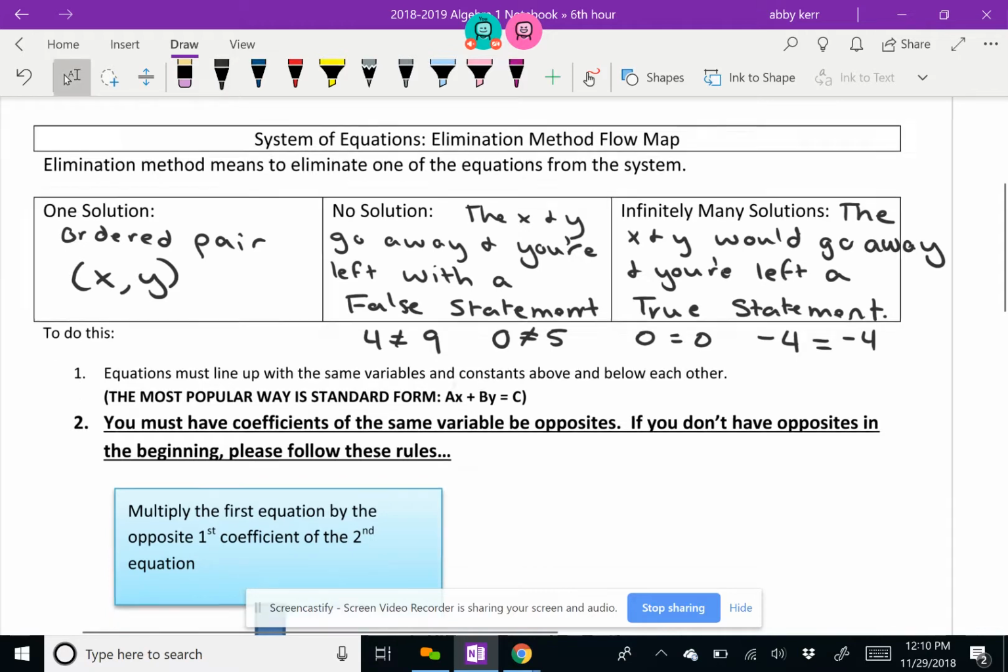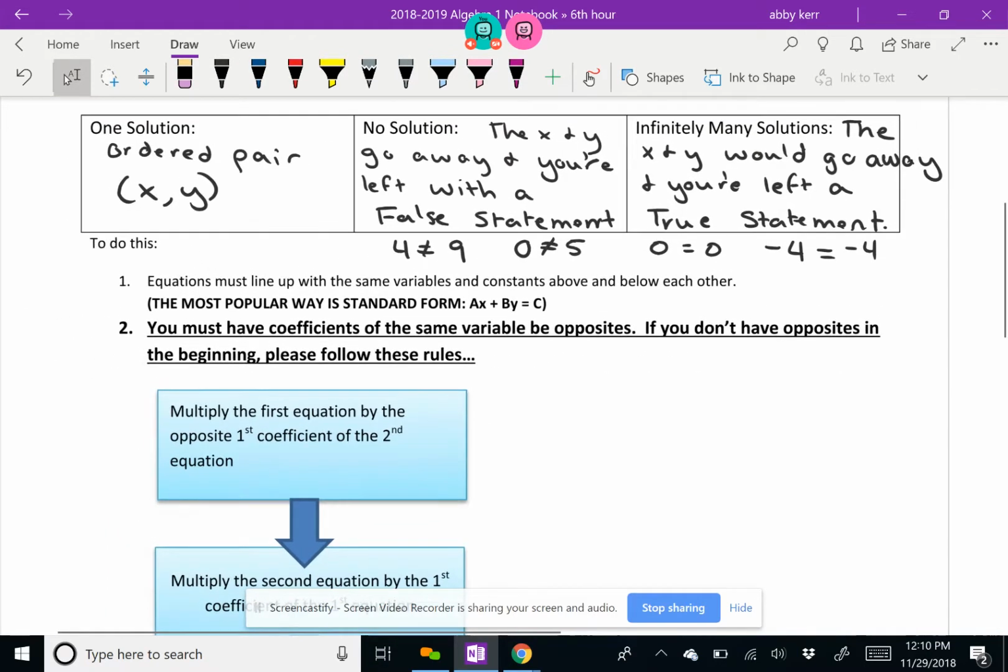is on both sides. Now, for elimination to work, the equations must line up with the variables and constants above and below each other. So, for example, you would have 5x plus 4y equals 9, and then you would have the x's line up under there, the y's line up, and then the constants line up.